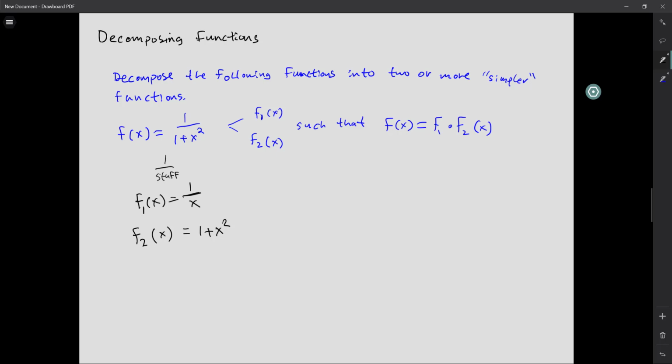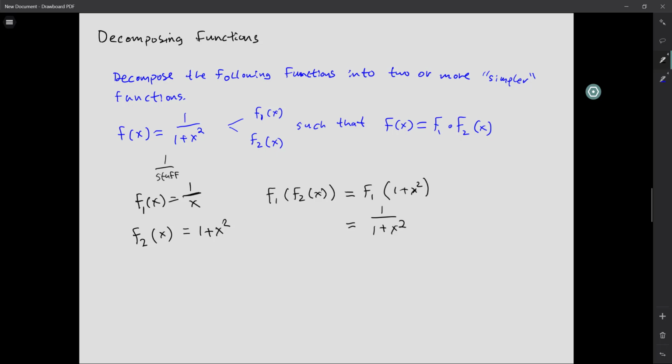of a larger function. And if I were to compose these in just the right way, if I look at f1 of f2 of x, f2 of x is 1 plus x squared, and f1 of x is 1 over x, so this is going to look like 1 over 1 plus x squared.